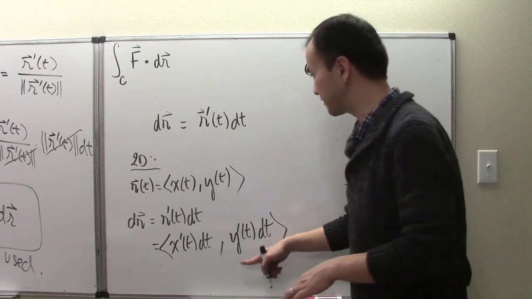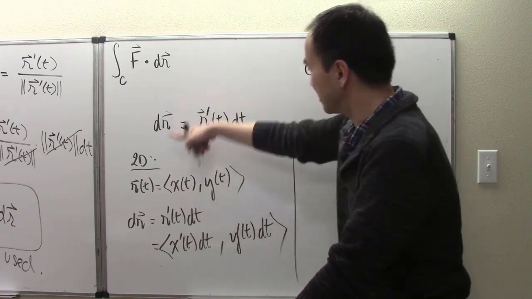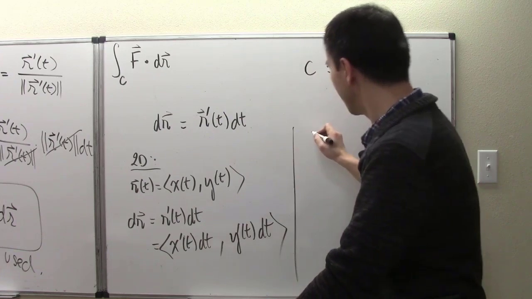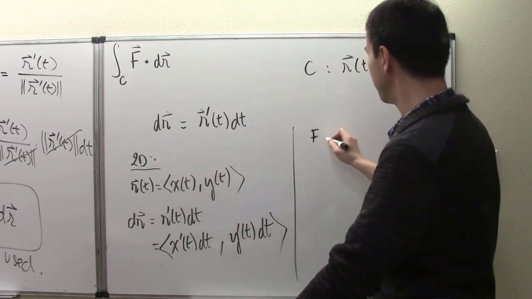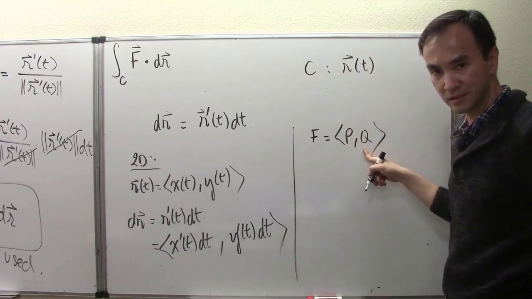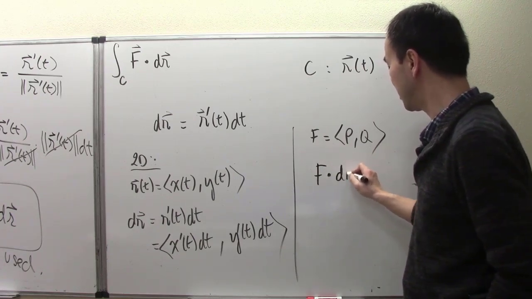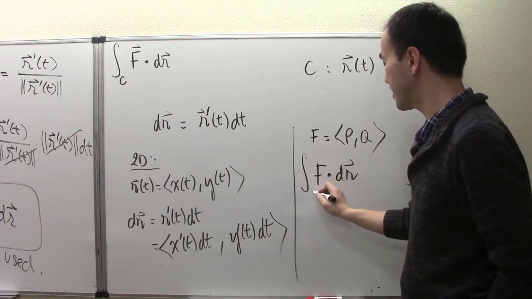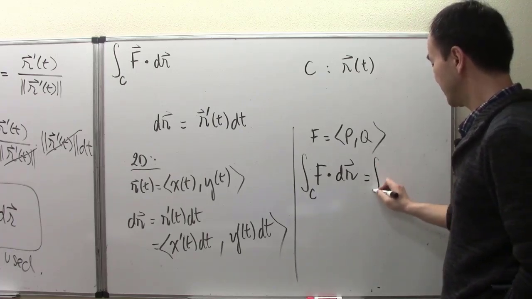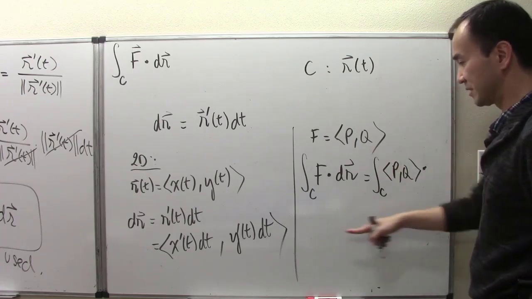That means further in our work, f dot dr, and of course f in a 2D case is a vector field of 2 components, p comma q. So f dot dr, integrating that along a curve, is the same as the integral where we have p comma q dotted with all of this.